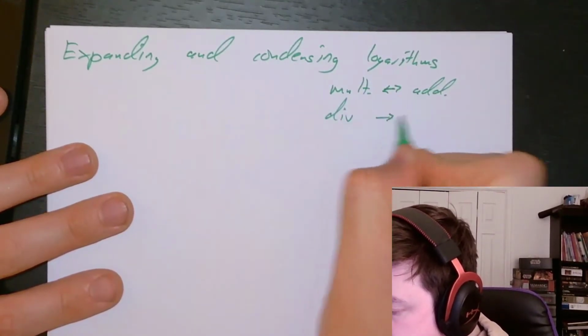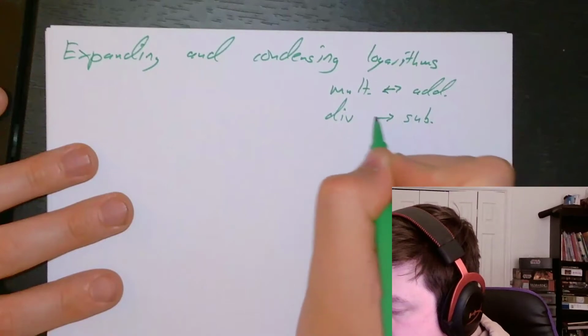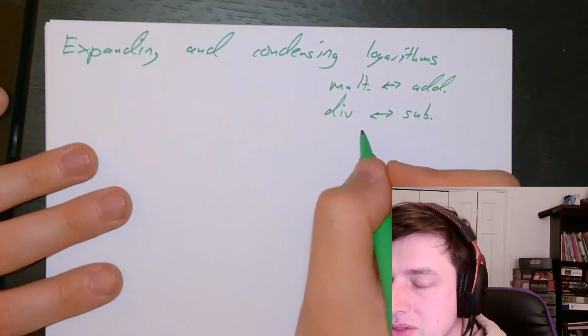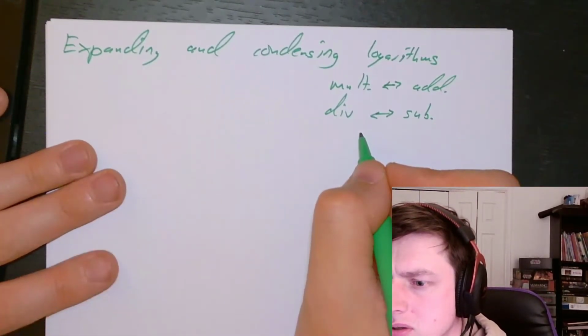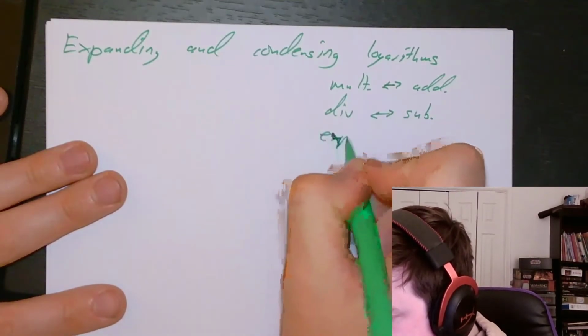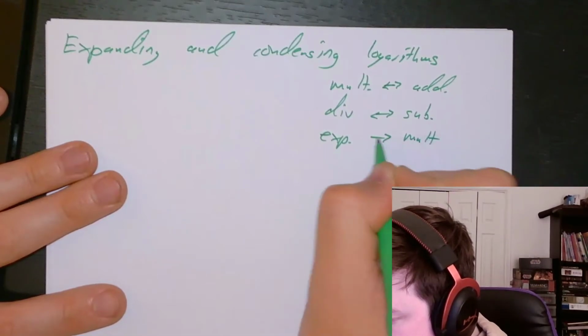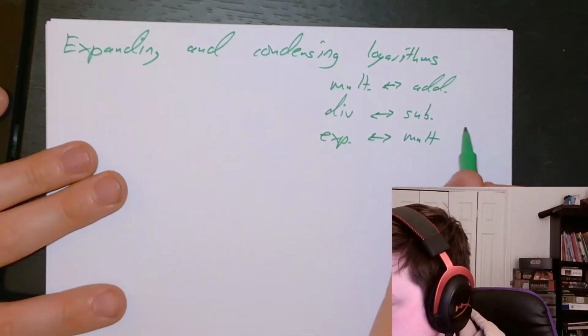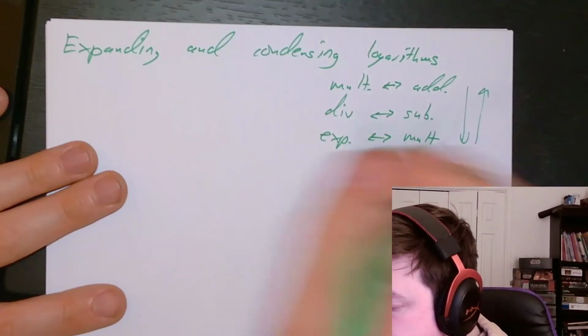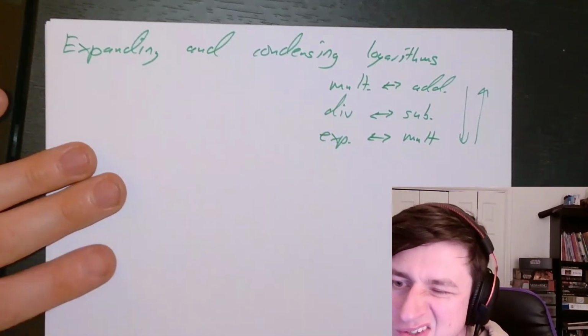Division turns into subtraction, or subtraction turns into division. And what's the last one? Exponent turns into multiplication, or multiplication turns into an exponent. And we go this way or this way, depending on if we're condensing or expanding.